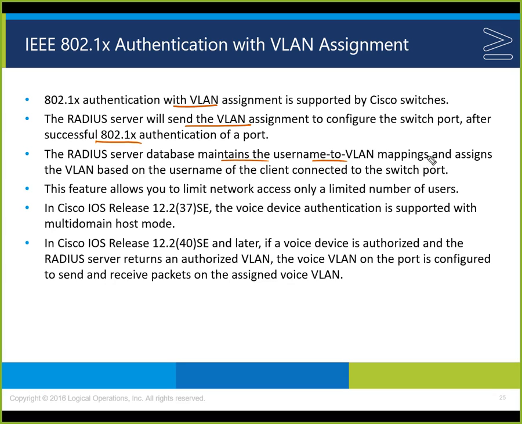The database maintains username to VLAN mappings. It is really cool, but it also has quite a bit of configuration that has to take place, and it's only supported on certain devices.